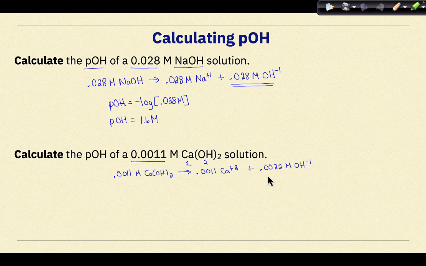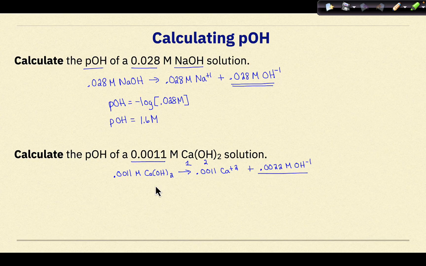So the molarity that we're going to plug in to our pOH formula is going to be 0.0022 molarity. So you can't just assume that the concentration in front of a compound like CaOH2 is going to be exactly the same. You need to look at the mole ratio.